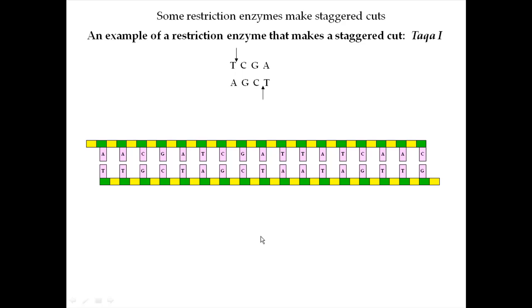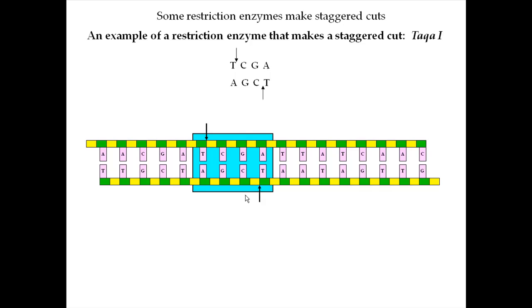If you scan through this DNA, you'll see that this sequence is present once, and there it is, TCGA and the complement AGCT down below. Because this sequence is present, TACA1 will be able to cut this DNA strand, within the sequence it recognizes, specifically between the T and the C here, and between the C and the T down here.